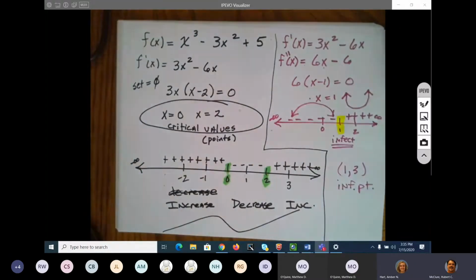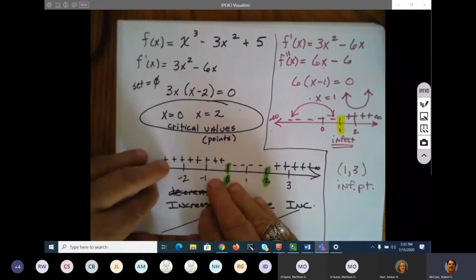Now, we've just done all of this and we have no idea what the graph looks like. That's why they want you to learn how to use the first and second derivative. Yep, this is business calculus. In fact, this is the last unit in business calculus in 130.